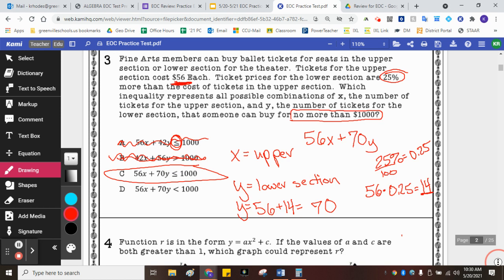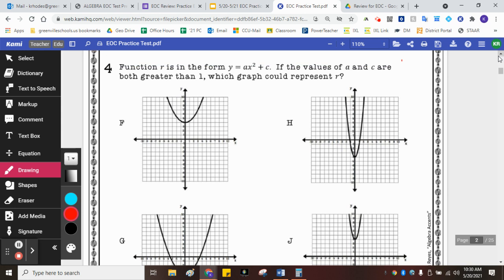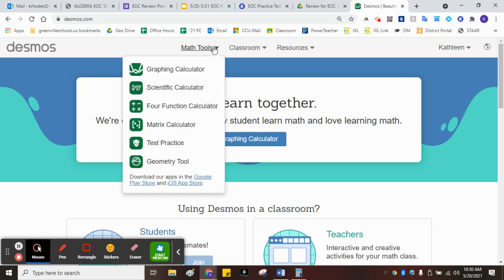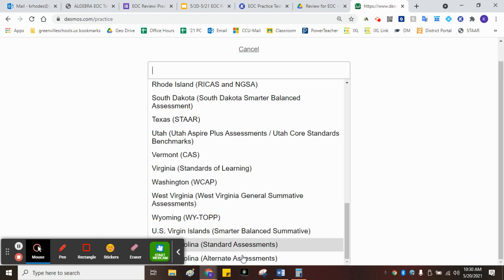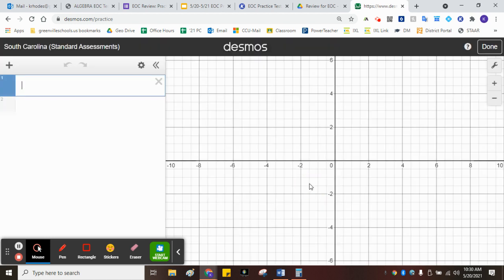I think if you don't know, use Desmos, because we have Desmos to use. We don't even know what A and C are, but if you type this into Desmos, I'm going to go to their test practice, since that's what we're doing. And we're in South Carolina State Standards, graphing, start practice.